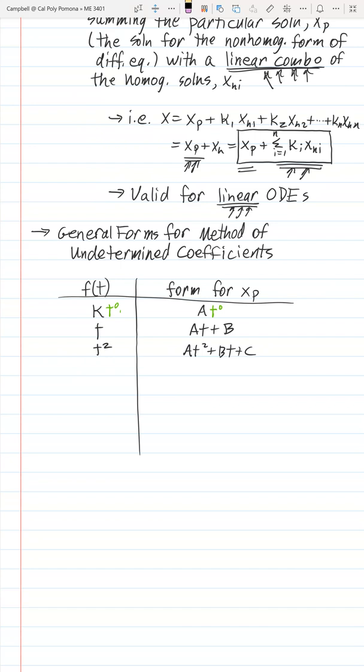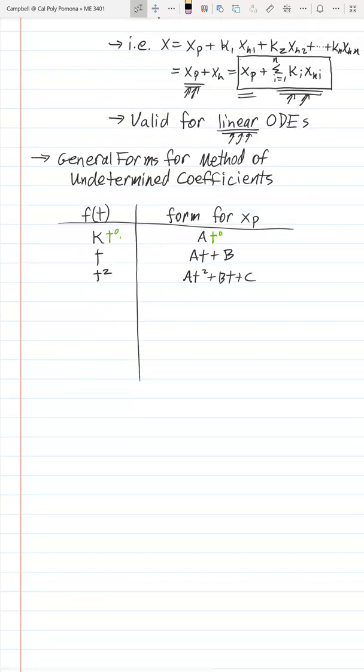And so you can see constant, constant, linear, linear, parabolic, parabolic. So it makes perfect sense. Now understand though that here you can have other terms associated with a parabola. You can have something times t to the first power. This would still hold true because even if you substitute in the at plus b, let's say a prime t plus b prime, and then you add that to the component coming from the squared, what are you going to get?